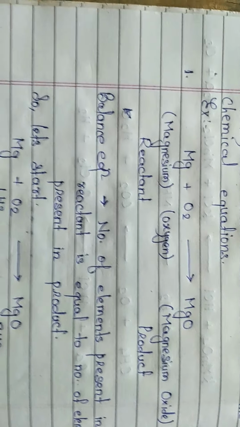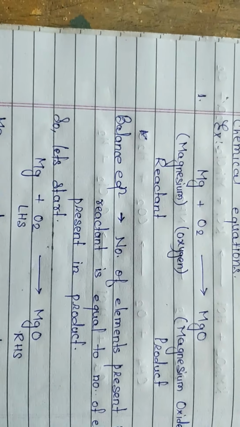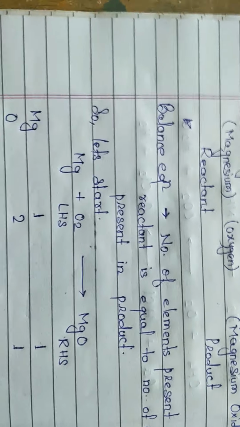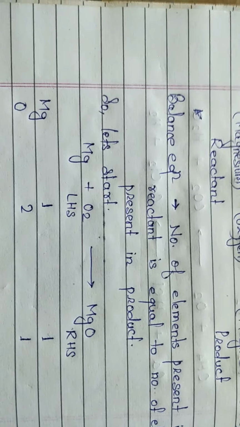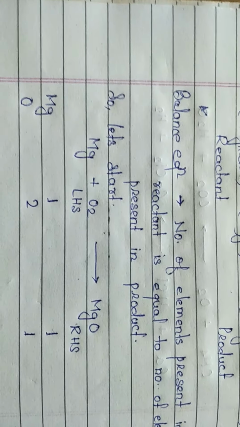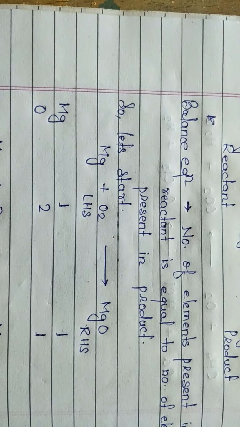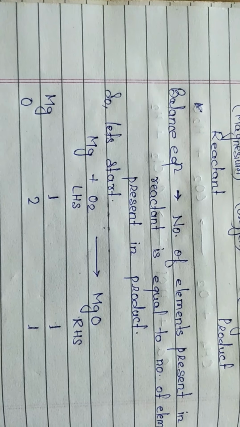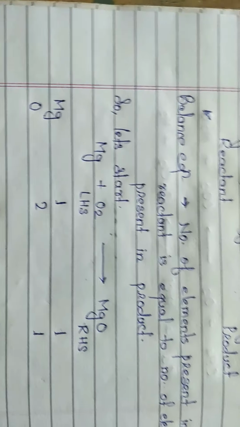So let us start on how to balance the equation. Mg plus O2 after reaction gives MgO. On the left side there are two elements, magnesium and oxygen, and on the right side there is a compound, MgO. In the compound also there are two elements, magnesium and oxygen.